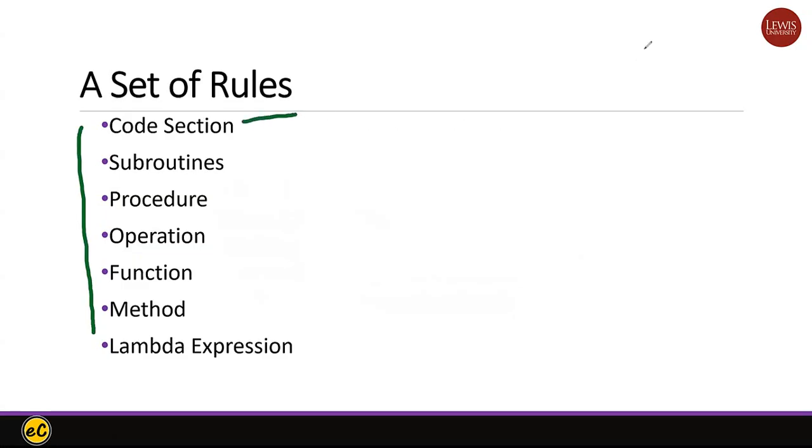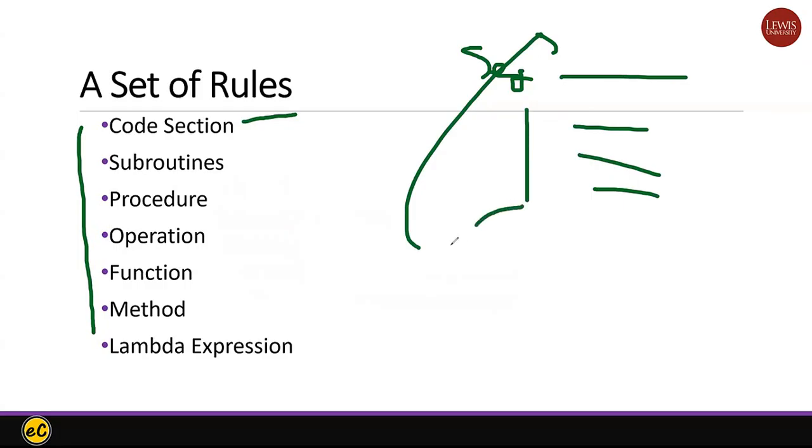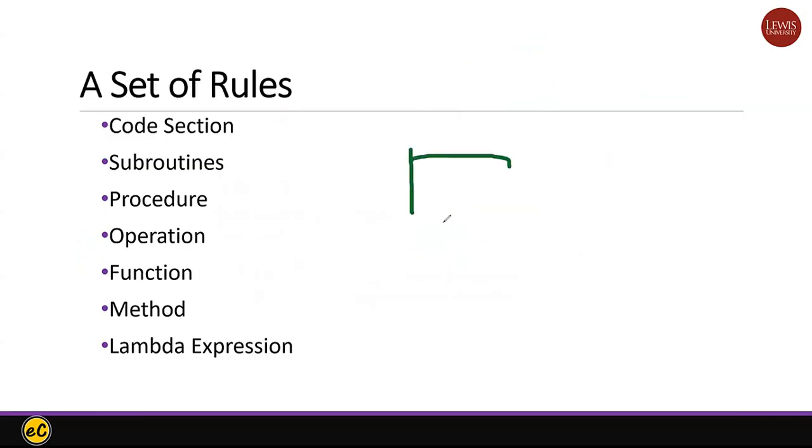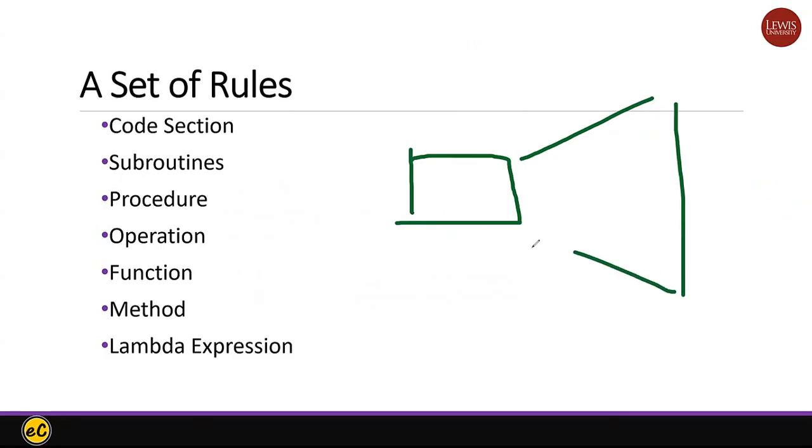A code segment, in the old days, is a certain section where you write the code, and later people can come here and call, and then call back. It's similar to goto, but it does have a code segment. A subroutine is where you have a main routine, you go to a subroutine and then come back.